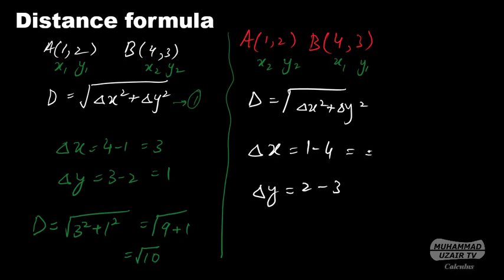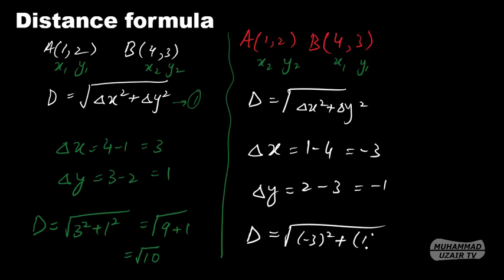So minus 3 and minus 1. By putting values, minus 3 square plus minus 1 square.